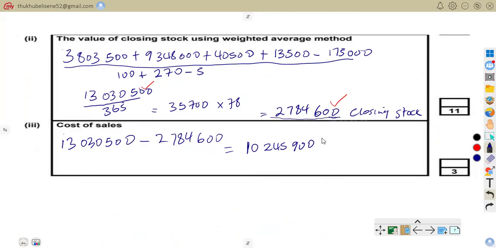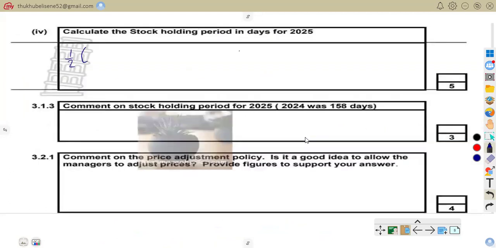So we are going to say 3,803,500 plus 2,784,600. Then we are saying divided by cost of sales.